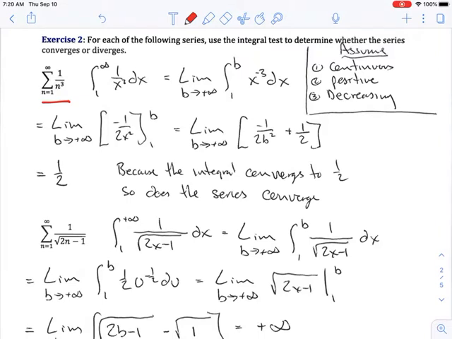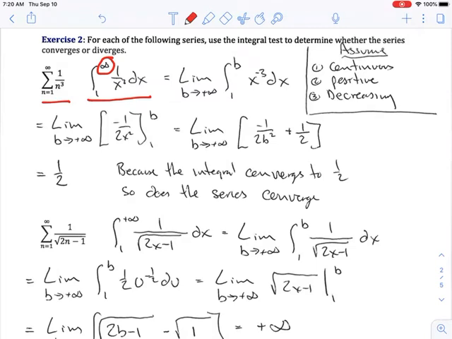So we set up the integral from 1 to infinity of 1 over x cubed dx, and now we just want to integrate that. But of course, the upper bound of integration is infinity, so this is an improper integral. And so we have to integrate this the way that we learned when we were doing improper integrals.